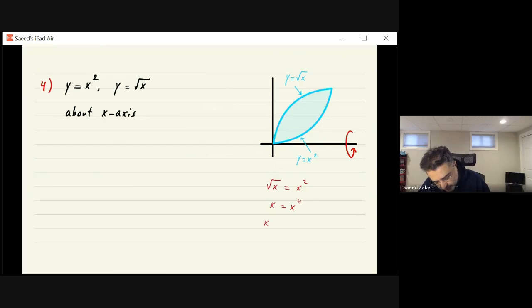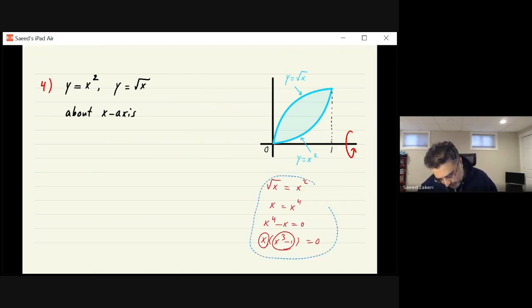Then x to the fourth minus x is 0. Then x times x cubed minus 1 is 0. So either x is 0 or x cubed is 1. The only number whose cube is 1 is 1. So no matter how you do it, your favorite way, this is elementary algebra. You realize that the endpoints are 0 and 1.